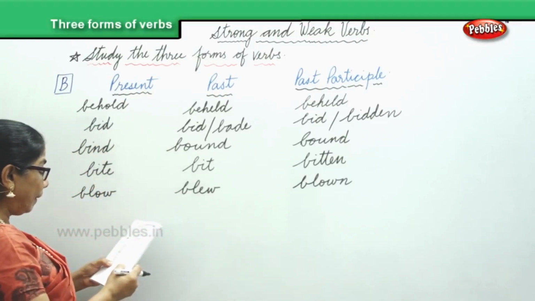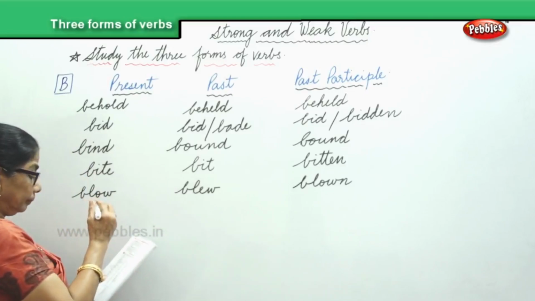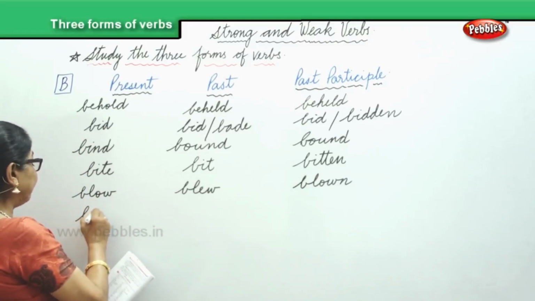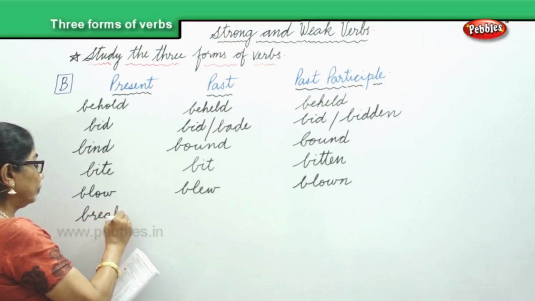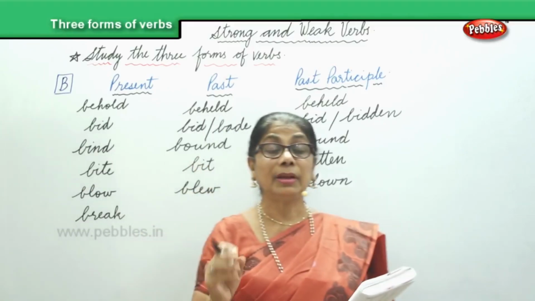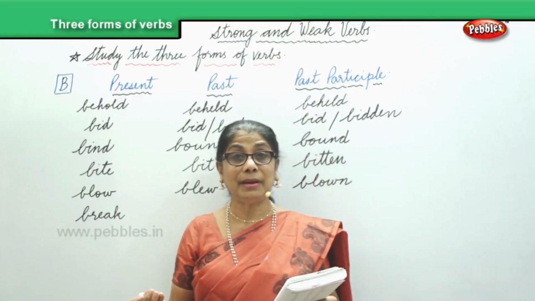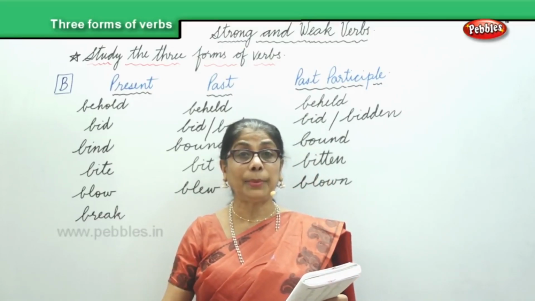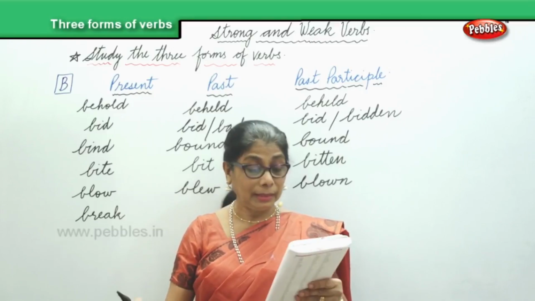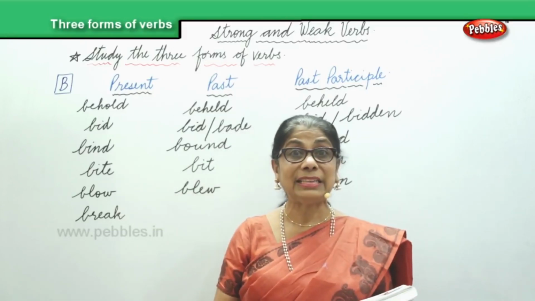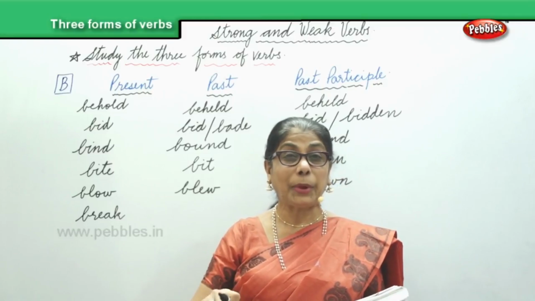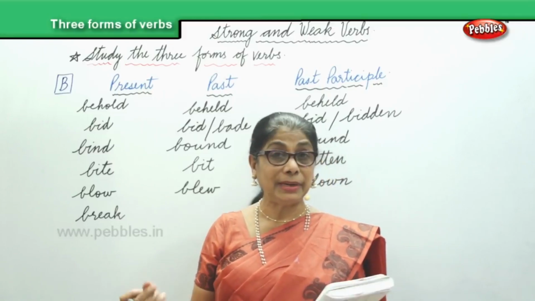Next you have break. Break. You break something in the house. Say, Mama, you drop a cup. What happens to the cup? The cup or the vase breaks. Or you break a branch from the tree.